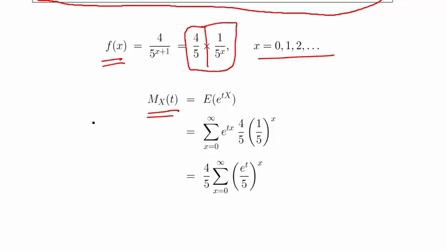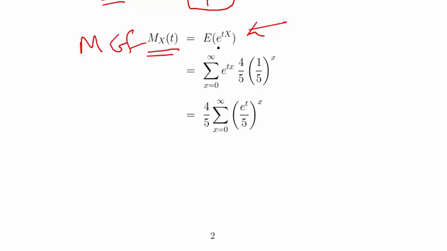So, the moment generating function has this definition here. It's the expected value of e to the tx, okay? So, essentially we're going to write out our expected value. Each specific outcome of e to the tx, there is e to the t times 0, e to the t times 1, e to the 2t, and so on, times the probability of that x value, which is 4 over 5 times 1 over 5 to the x. You see what I'm doing here.